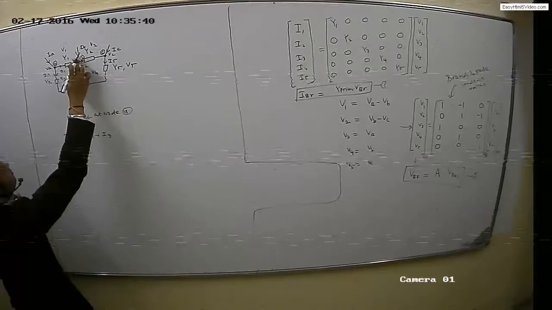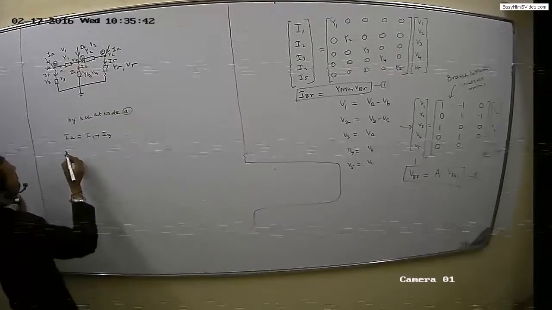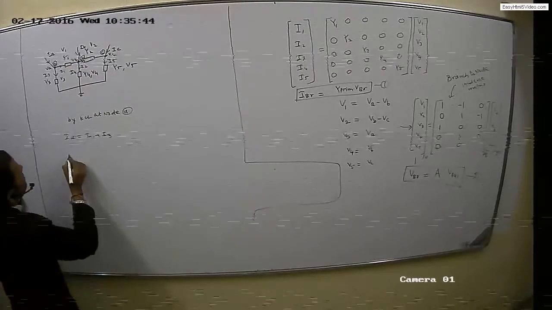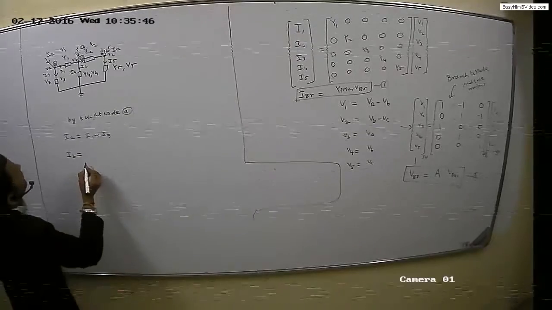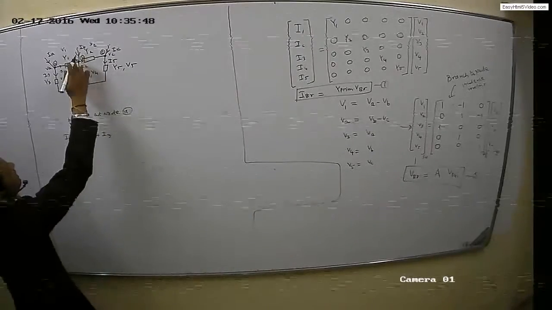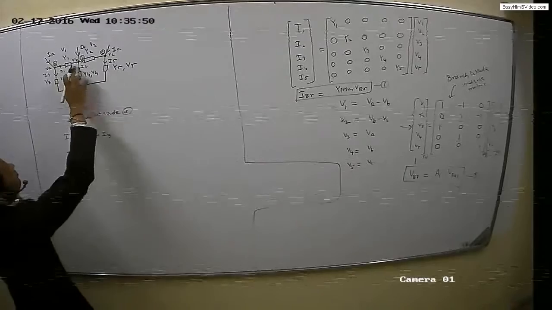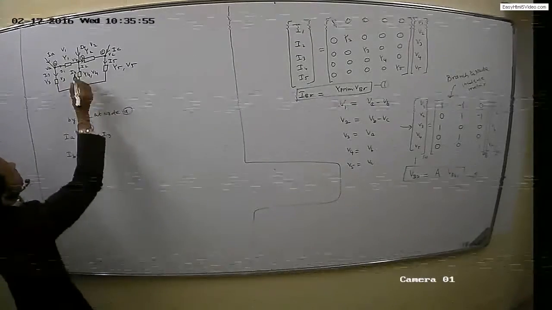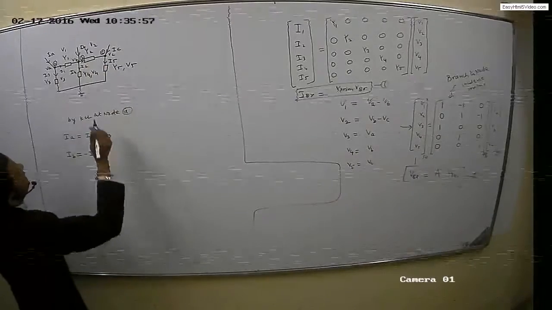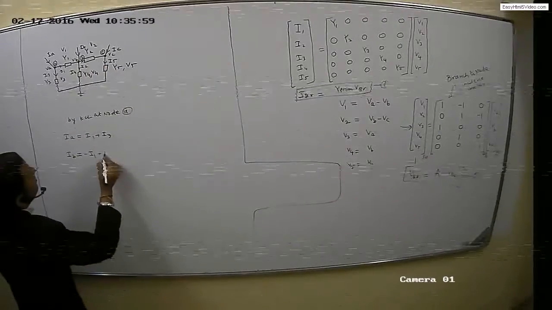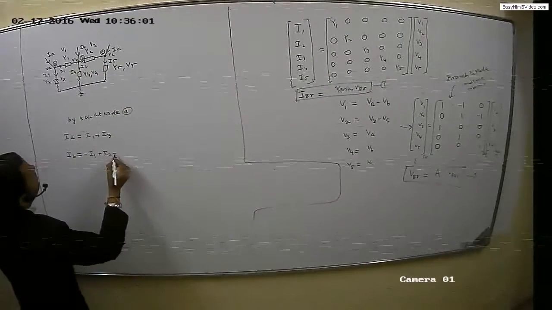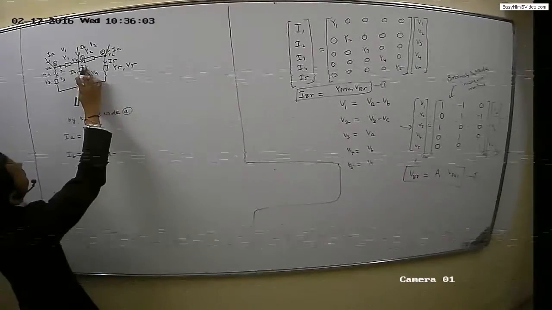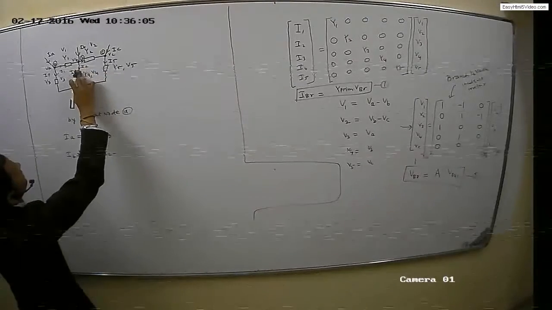Now at this particular node, by Kirchhoff current law, if I write down the equation for I of B, it is equal to, this is nothing but the incoming current at this node, this is also incoming current at this node, so this is minus of I1, and this current, that is I of 2, this current is I of 2, and this current is I of 4.